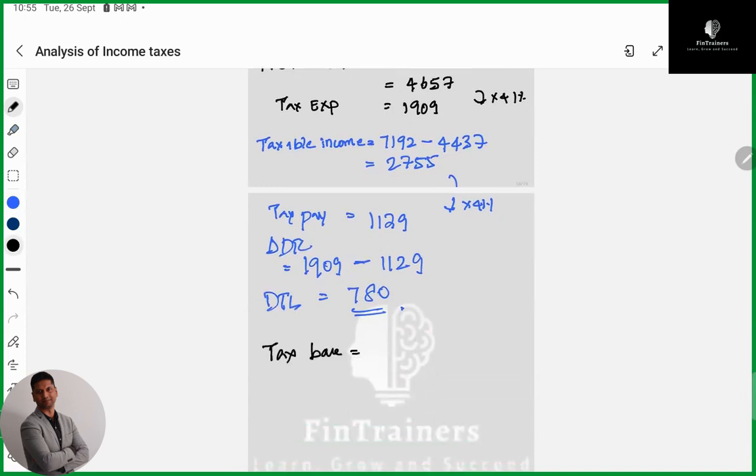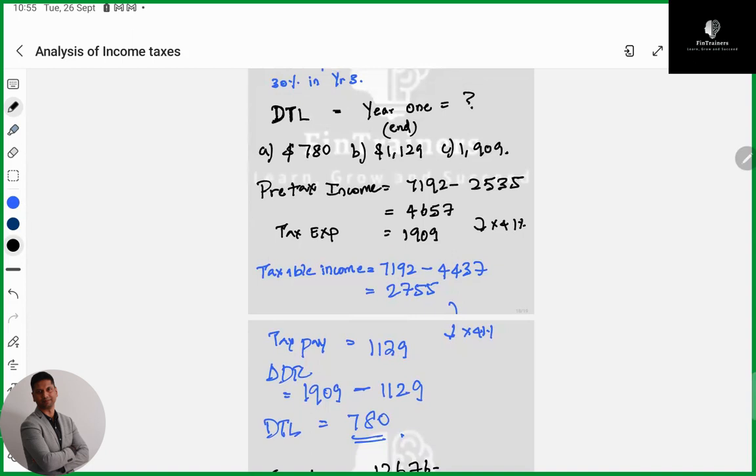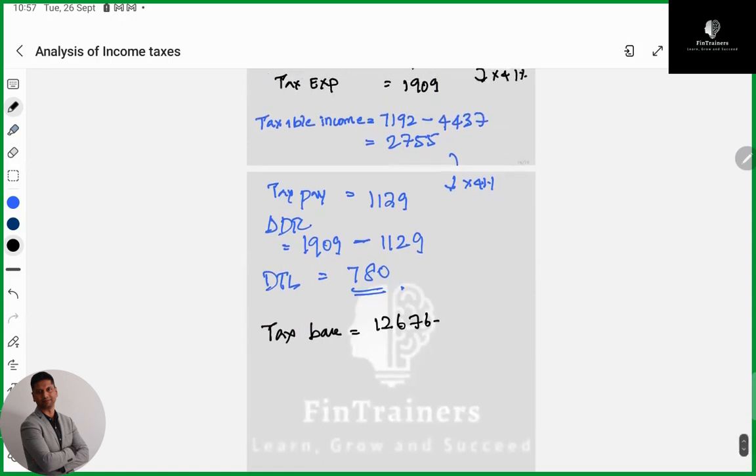We can also calculate this the other way, using the tax base. What is the tax base? Tax base is the value as per the taxation computation of the equipment. 12,676 minus the 35%.